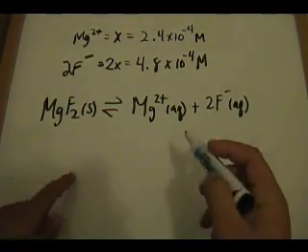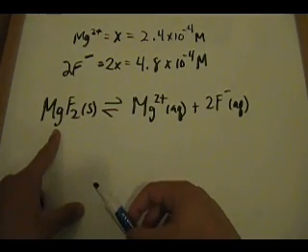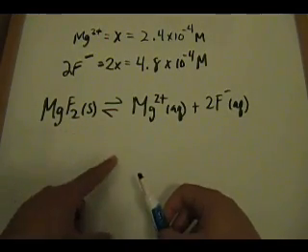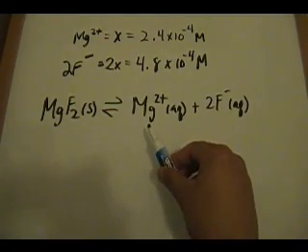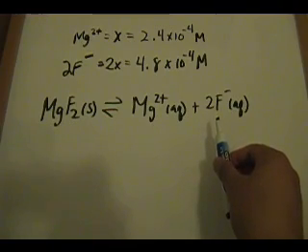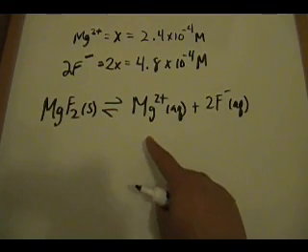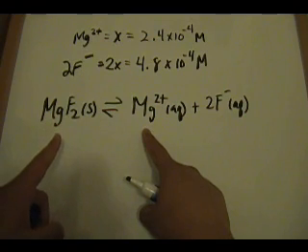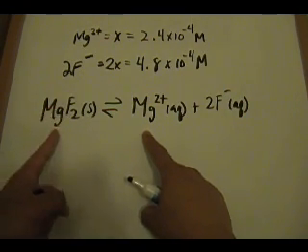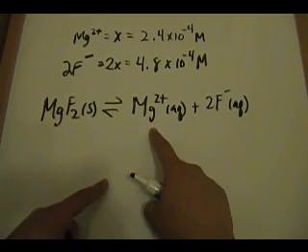It says for every magnesium fluoride that dissolves and breaks up into its constituents, we generate 1 magnesium and 2 fluorines, right? So now let's reverse that a little bit. For every magnesium we generated, how much magnesium fluoride did we have to dissolve? Well, that means that we had to dissolve 1 magnesium fluoride to generate 1 magnesium, right?